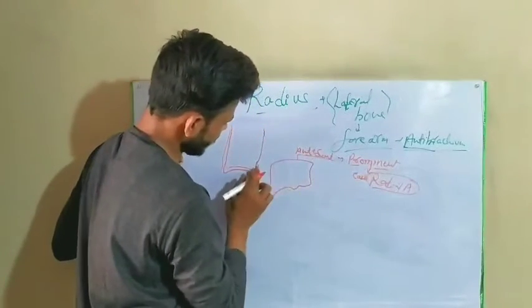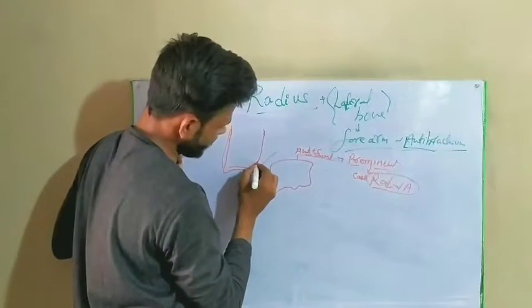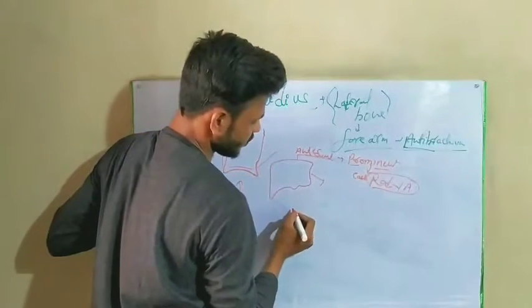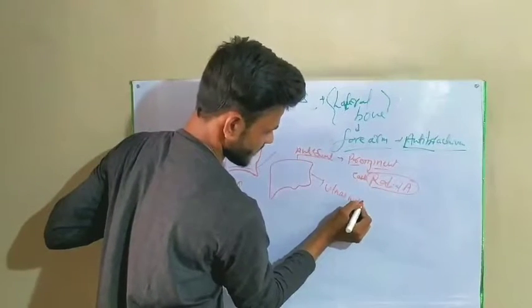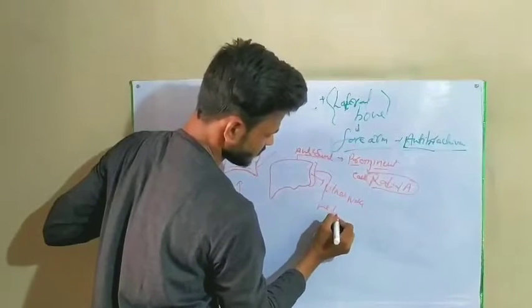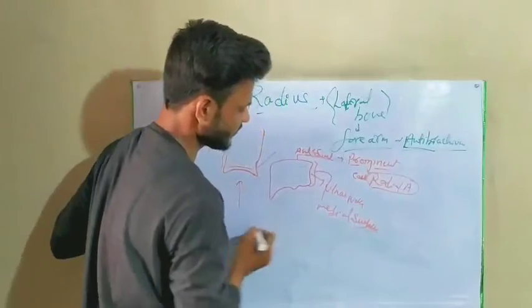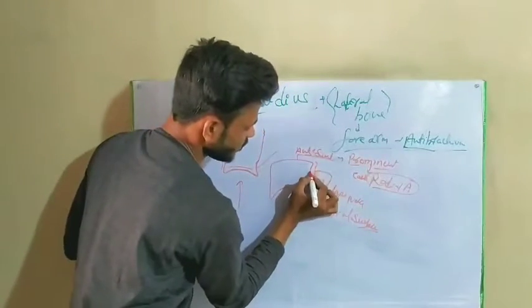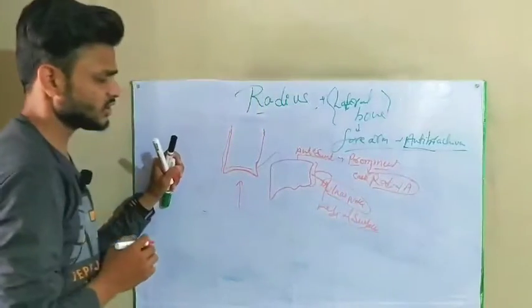This surface is our medial surface. The medial surface forms a notch. This notch is called the ulnar notch. Why is it called the ulnar notch?